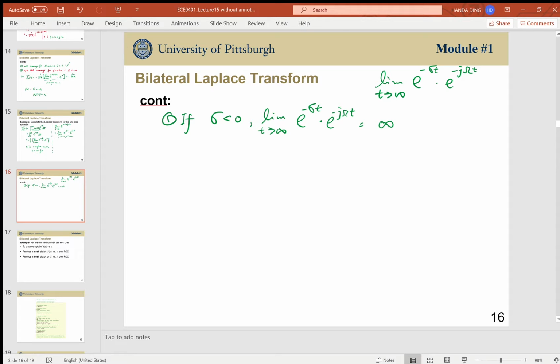If sigma is 0, this is 1, and remember our Euler identity, right?